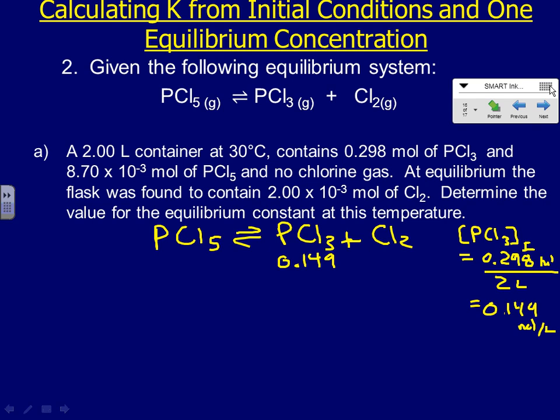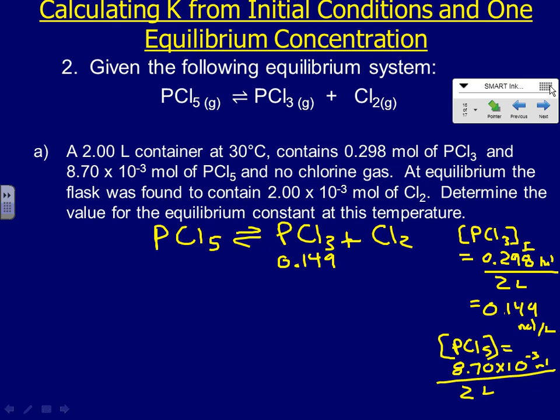And I need to do the same with the PCl5, 8.7 times 10 to the minus 3. So the concentration of PCl5 is 8.70 times 10 to the minus 3 moles divided by 2 liters.